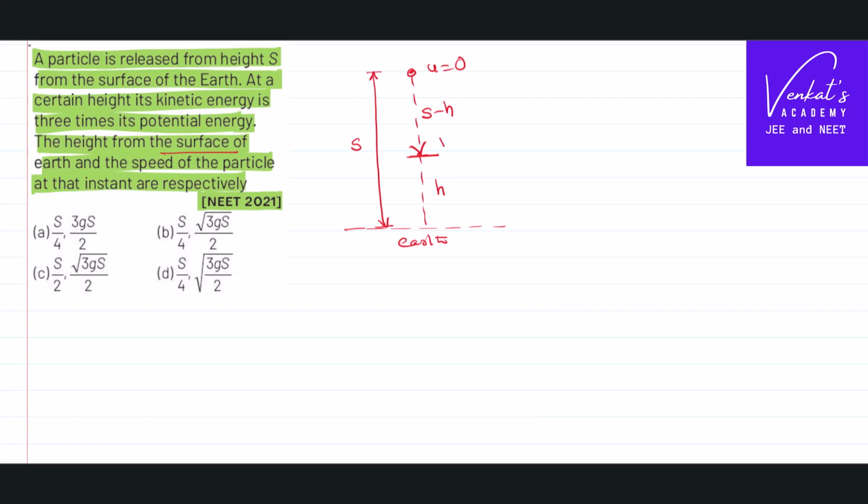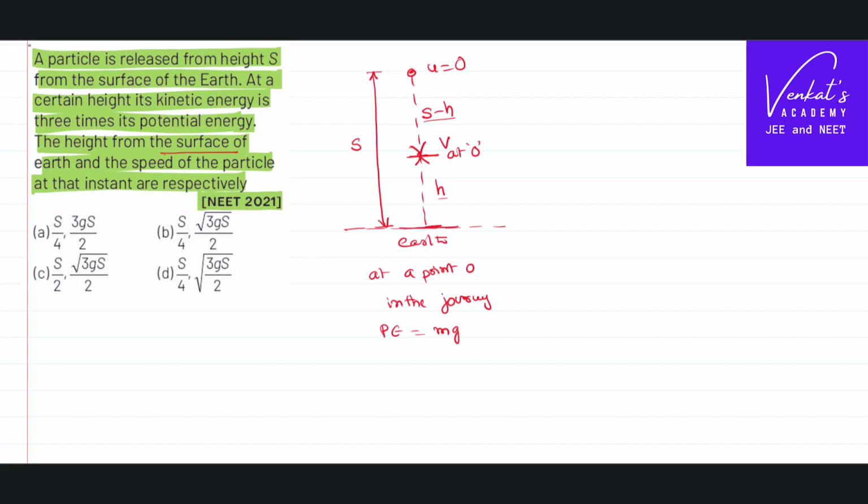Obviously, it is in the journey, so it will have a certain velocity. And so it will have certain potential energy and kinetic energy because it's at a certain height from the ground. So at a point O, somewhere in the journey, I can write potential energy as mg times the height of that particle from the earth's surface.